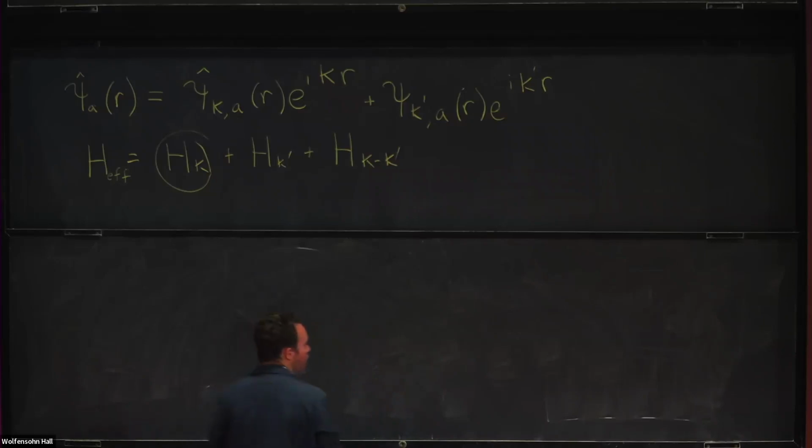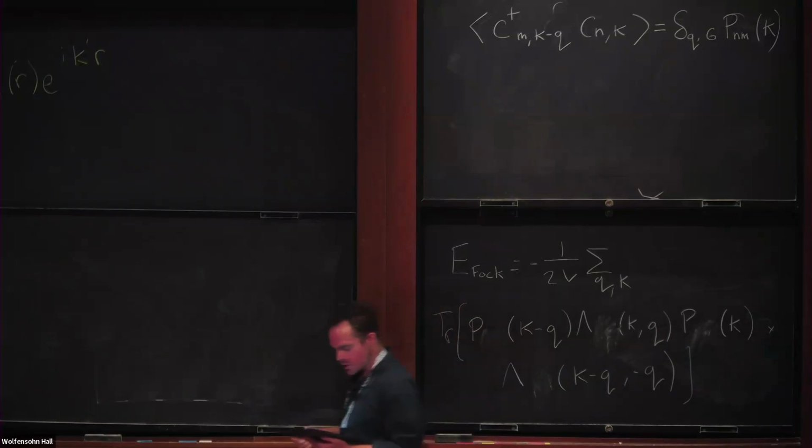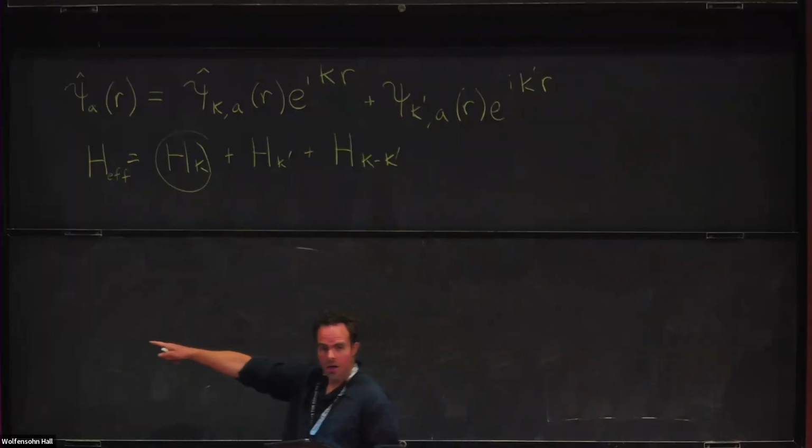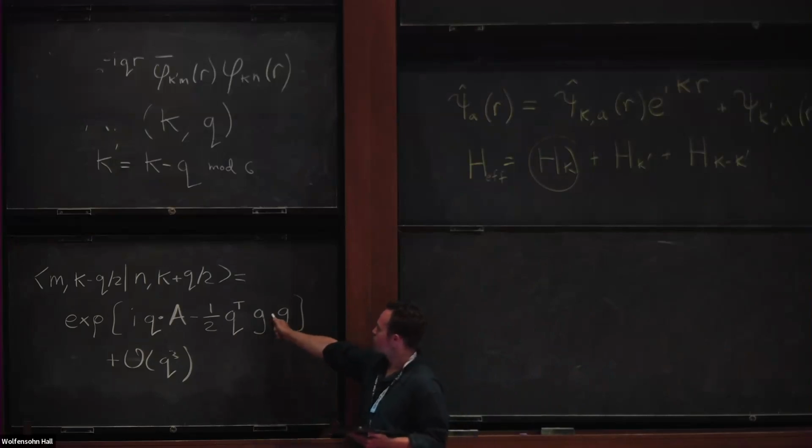It will be a little bit prettier if I take this expression here and make it a little bit more symmetric by shifting k by a factor of q over 2 to rewrite this as k plus q over 2 and this as k minus q over 2, just by a change of indices. And then what I can do is take that expression there and insert for lambda this expression for the form factor. And to make this a little bit more transparent, let me rewrite this thing here.